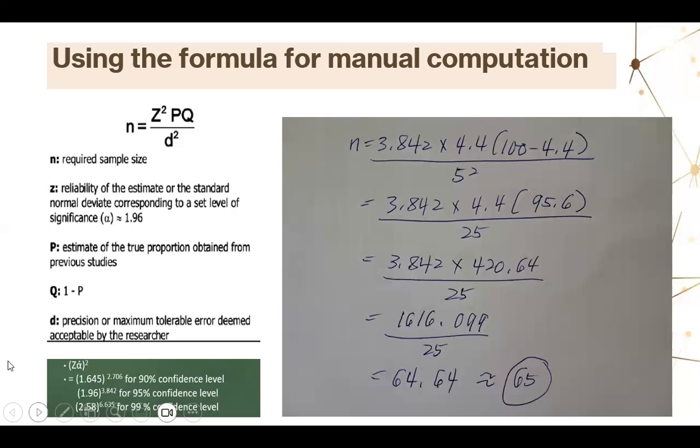Had I chosen to use 1, I would have entered 0.044, and then 1 minus 0.044 over, instead of using 5, you use 0.05. Okay, and then the answer comes out as 65, which is the same answer that we got from OpenEpi.